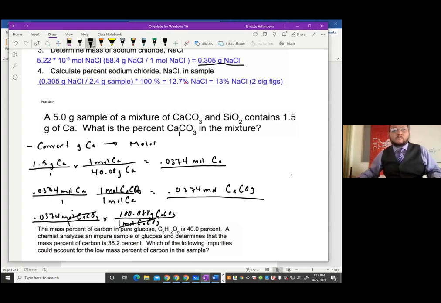This cancels. Obviously, it's just moving the decimal 2 spaces.